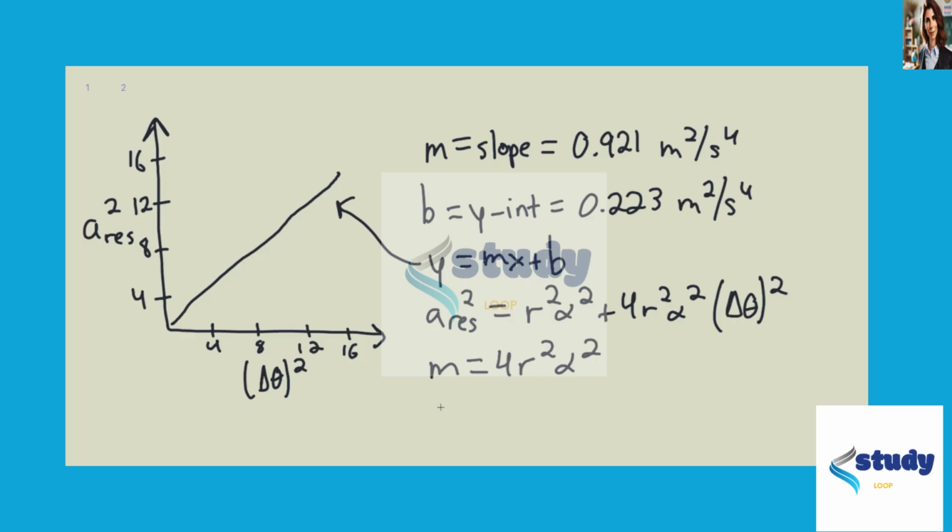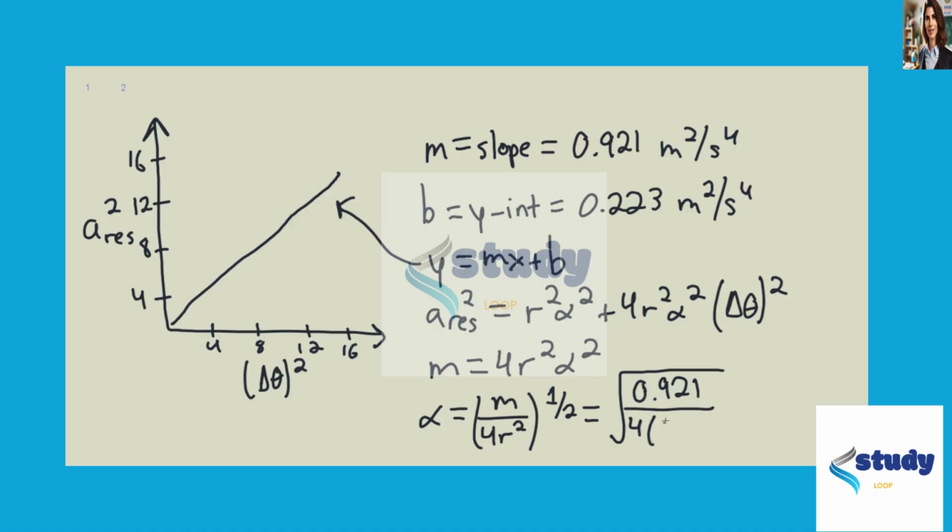which means that alpha is going to be equal to m over 4r squared all to the 1/2 power, and we can then solve. So this would be 0.921 divided by 4 times 0.8 squared, and we find that the angular acceleration is 0.600 radians per second squared.